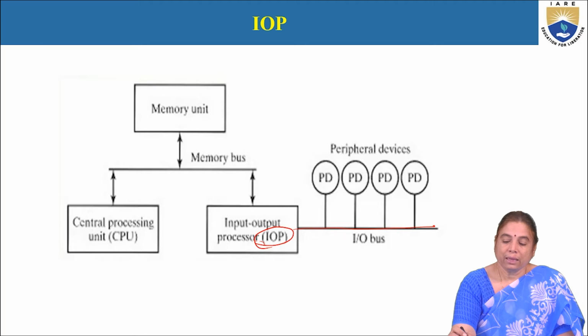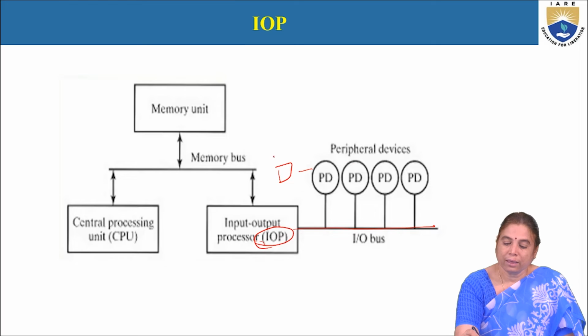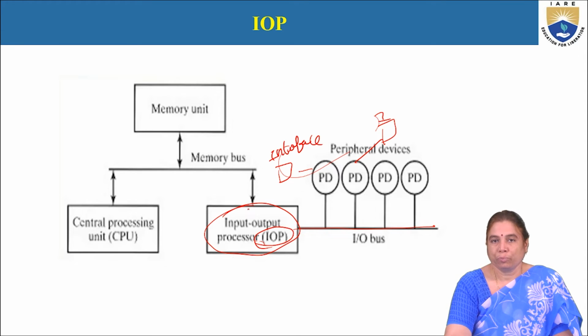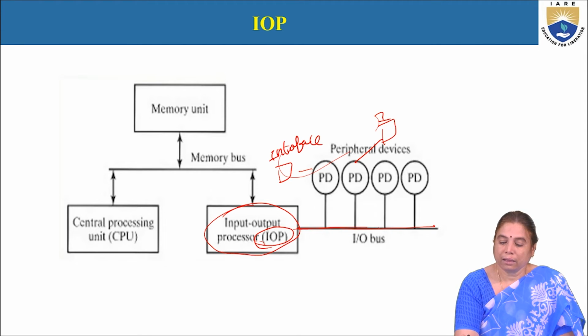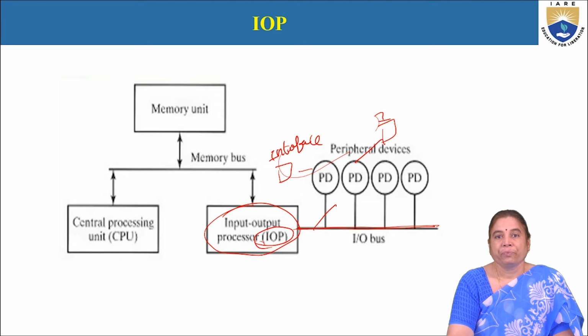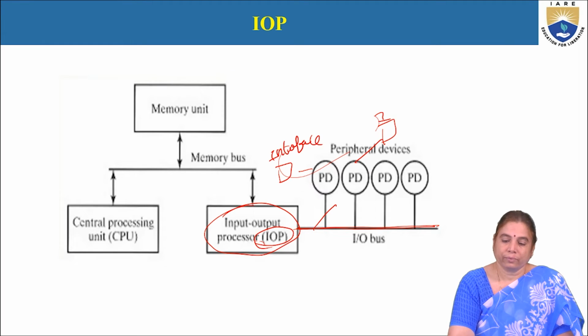Previously, for each peripheral device one interface was required. Now all these are clubbed together with an input output processor, and via the I/O bus, all the peripheral devices can be connected to the processor. The processor executes special commands to activate the concerned peripheral devices which require the input-output data transfer.